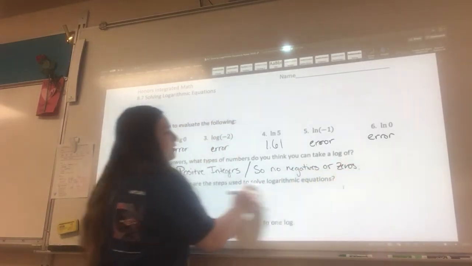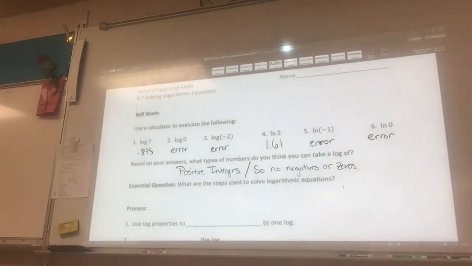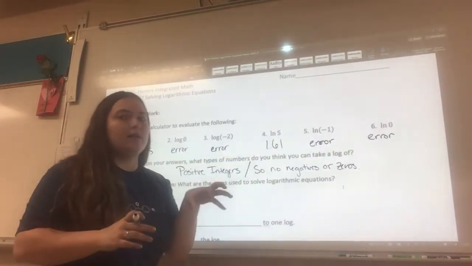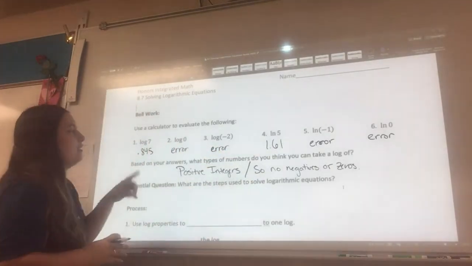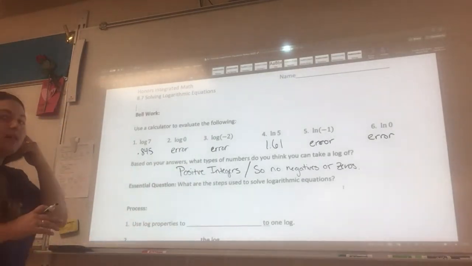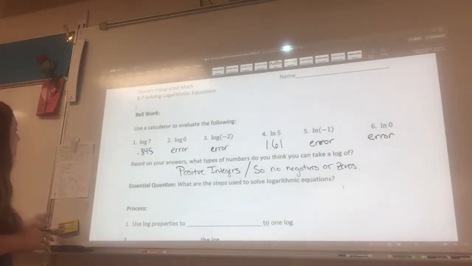They don't work, okay? As you can see, we have to have positive numbers inside of a log and natural log. You cannot do 0 or negatives. So that's a good hint of what is to come.